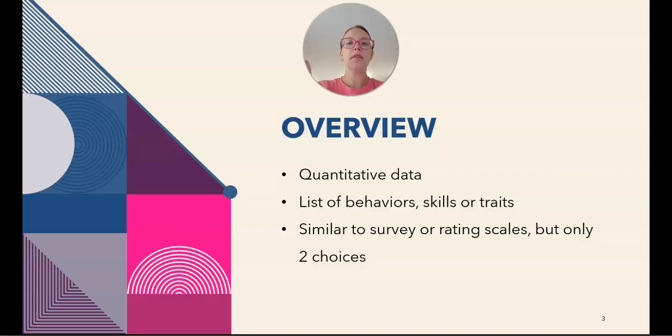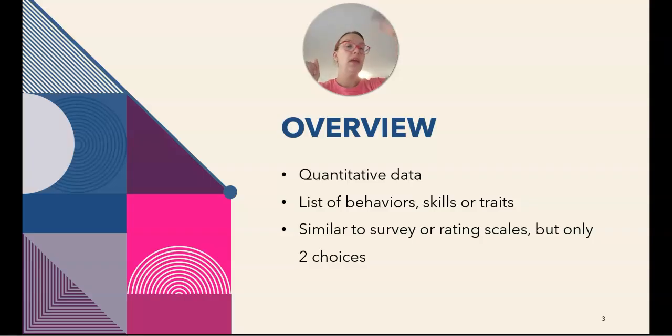When you use a checklist, essentially it's very similar to using surveys or rating scales, 1 to 5, strongly agree, strongly disagree, that kind of thing where you have a continuum that people have to rate. But instead of having a scale, you only have 2 options.